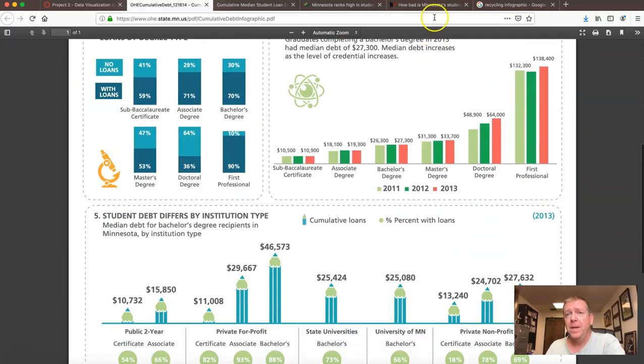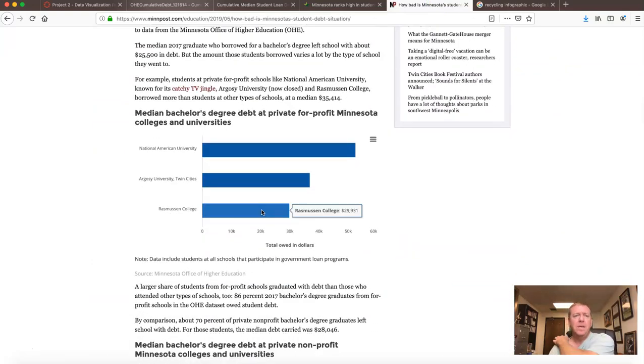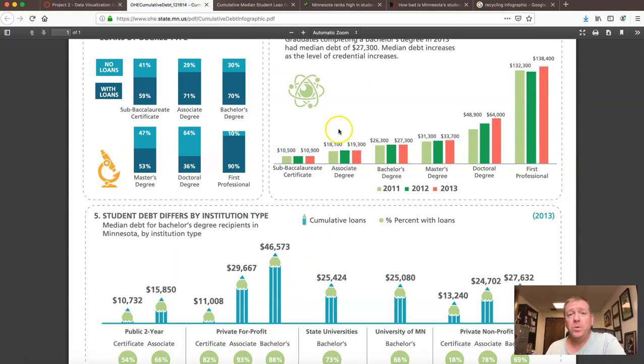Okay, let's see. We looked at this one. Here's another one. These are specific universities, and they do have bar graphs, and the bar graphs do help. But what an infographic does, as I mentioned, is pool together the data with visual modes.